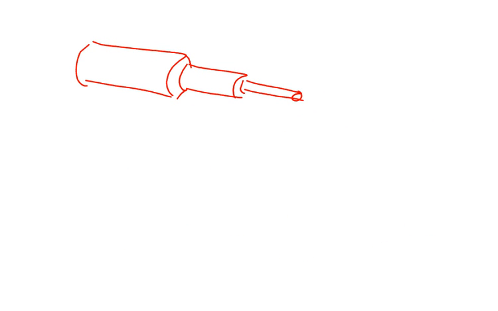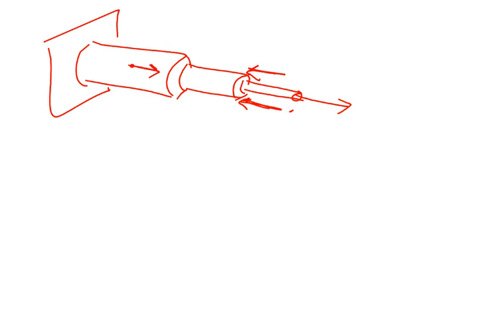We had something like this, maybe a couple of segments fixed at one end, with a bunch of forces applied at different locations. And then you basically had to find the total deflection at that free end.